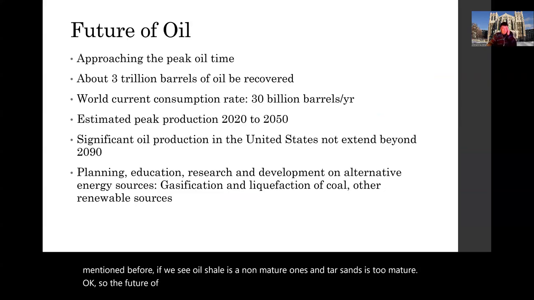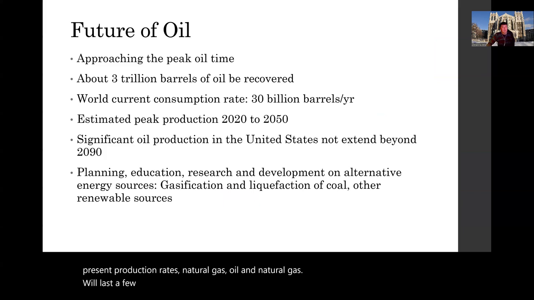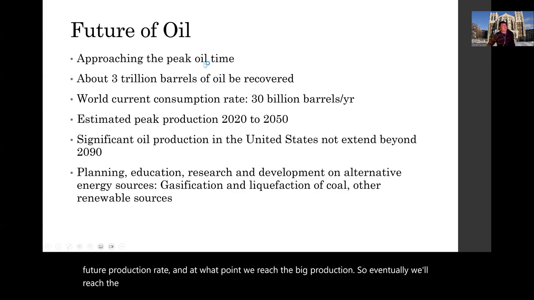Okay, so the future of oil. Recent estimated proven oil reserves in the world suggest that at present production rates, oil and natural gas will last a few decades. But the important question is how long oil will last at present and future production rates, and at what point we reach the peak production. So eventually we'll reach peak oil time.